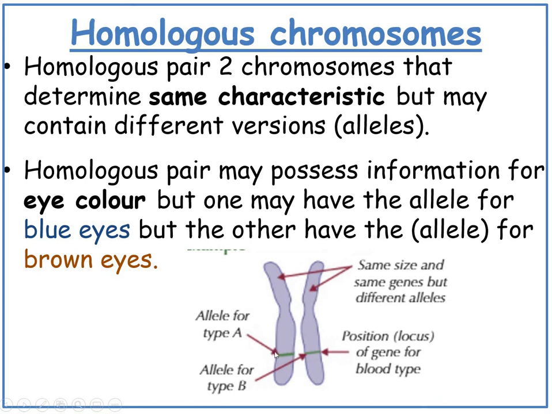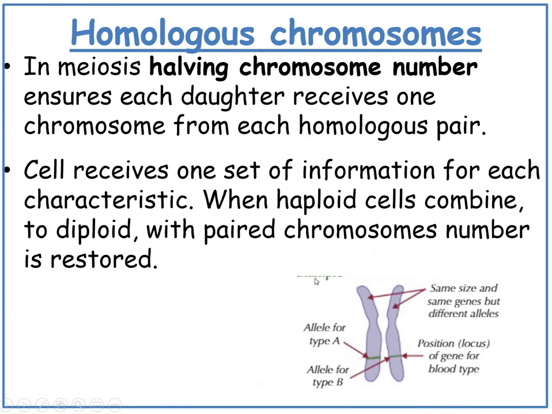So this might have an allele for blood group A, an allele for blood group B, but they're the same gene, they're both the blood group gene, but they have different versions. Or the gene for eye colour might be here, but there might be different versions. You might have a blue eye allele on this one and a brown eye allele on this one.